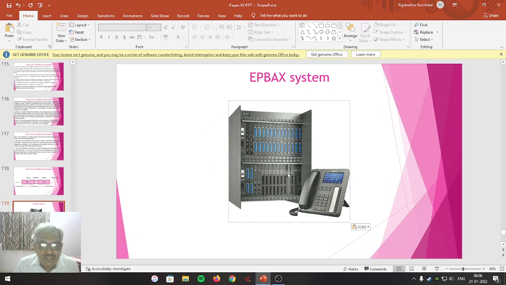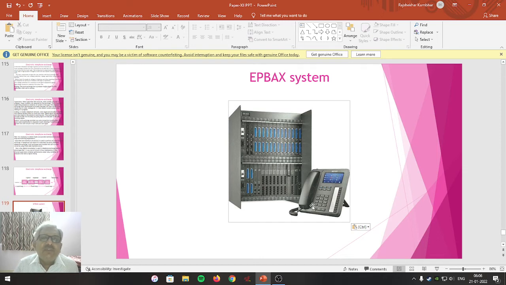This system is set up to handle the calls between stations within the system, and that is done on an automatic switching basis by equipment which is similar to that used in the telephone exchange office for the public system.